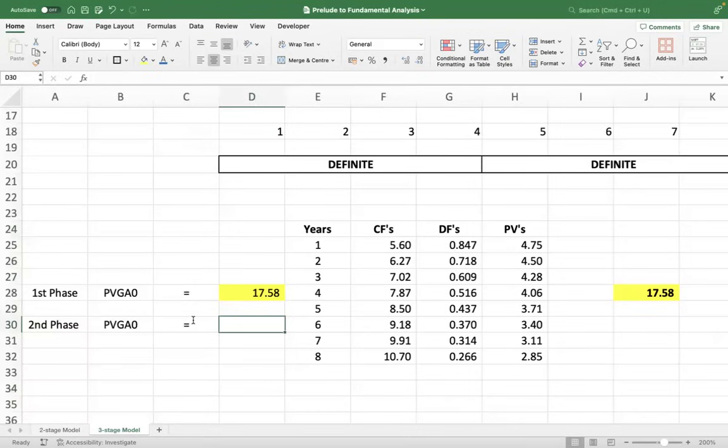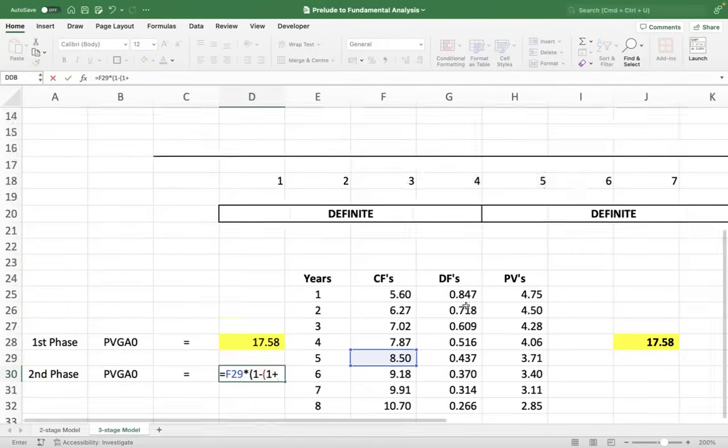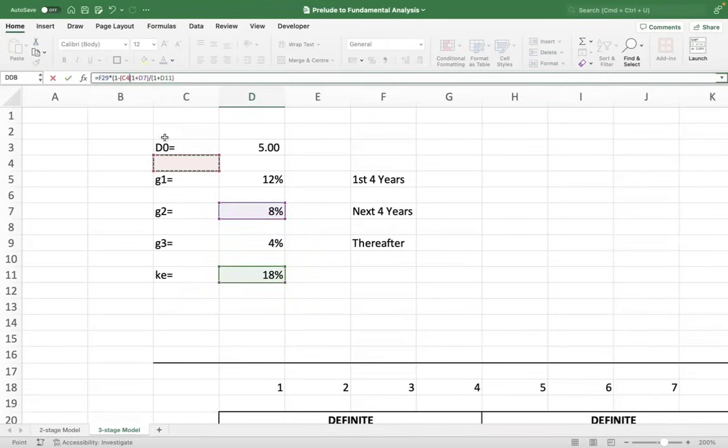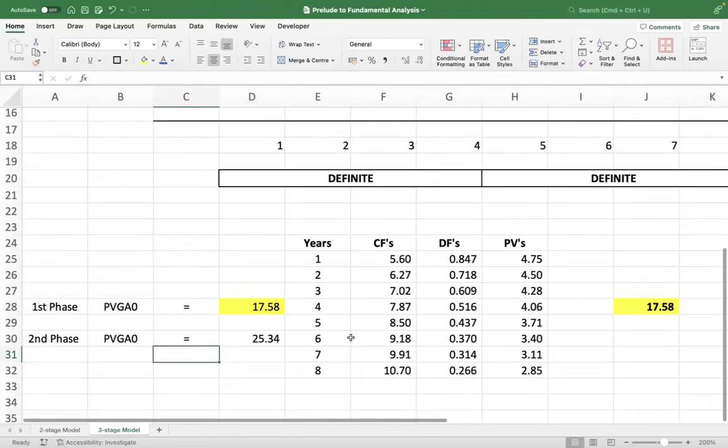It will be the dividend for the 5th year into 1 minus 1 plus growth rate of 8% divided by 1 plus expected return, the whole thing again to the power of 4 years, divided by R minus G. This is 25 rupees 34 paise.